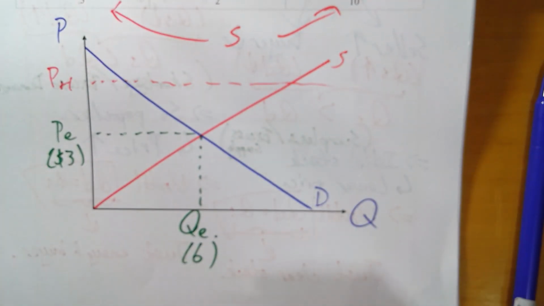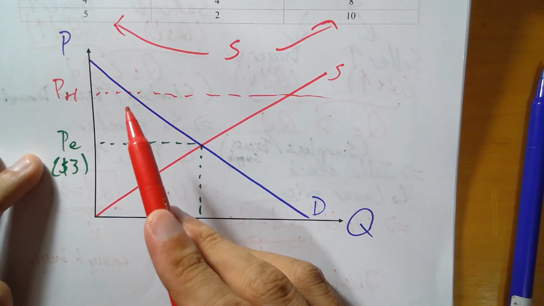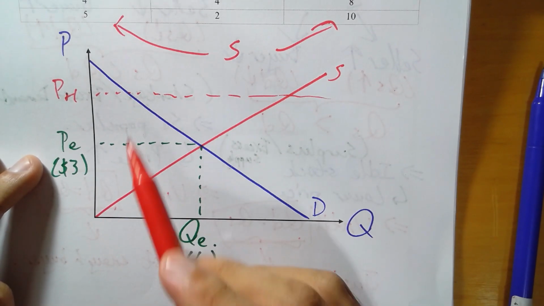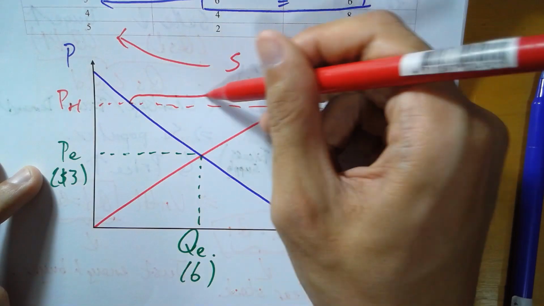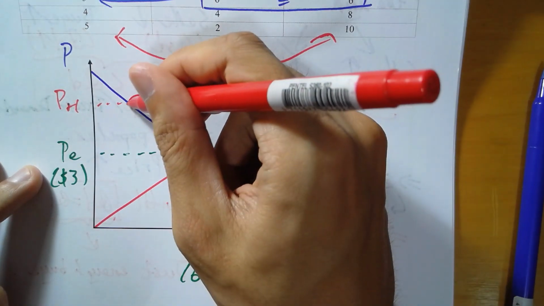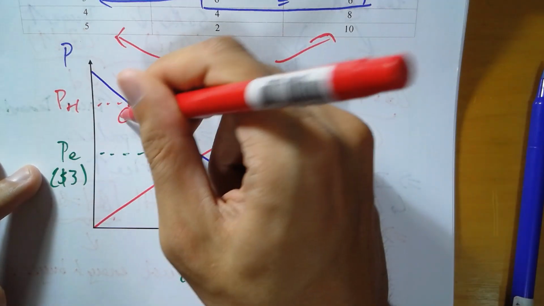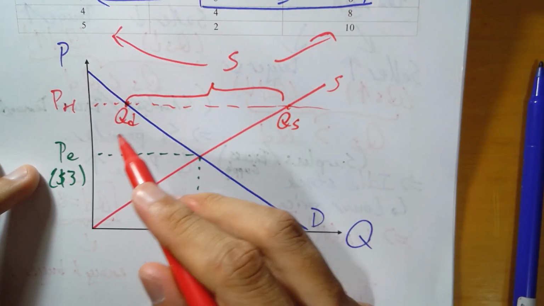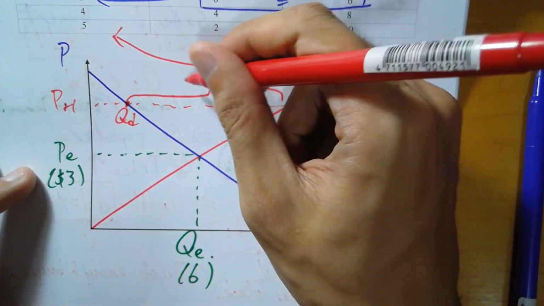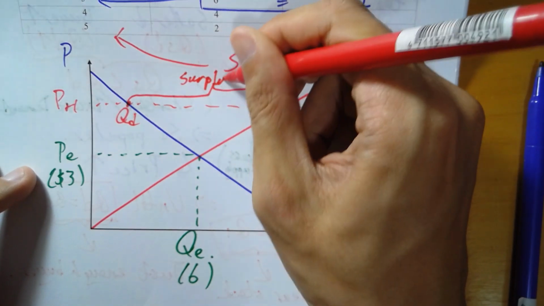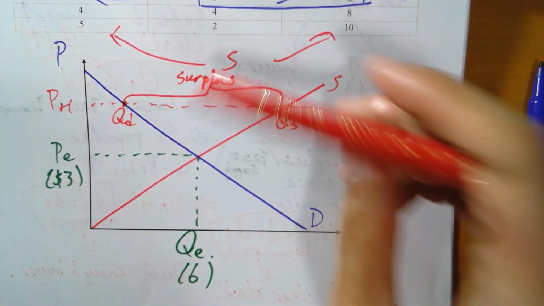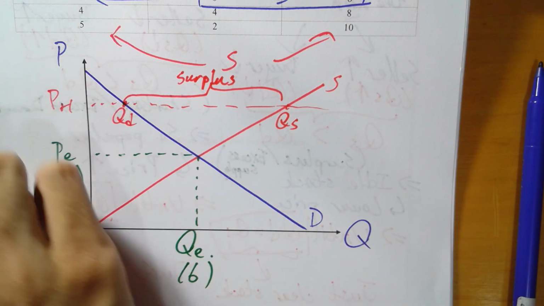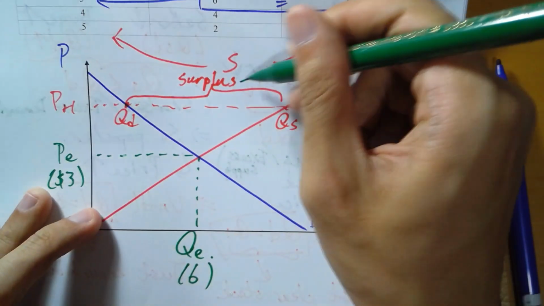So, what happens is that when price is at this point, 太高啊, then, do you see? Here, QD is right here. QS is right here. QS is much bigger than QD. We call this a surplus. Basically, surplus meaning idle stock.